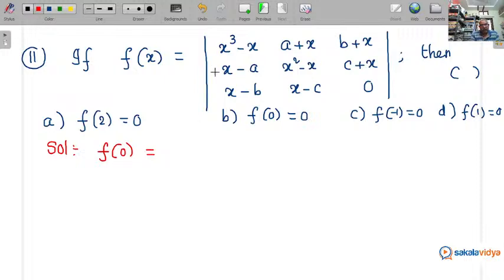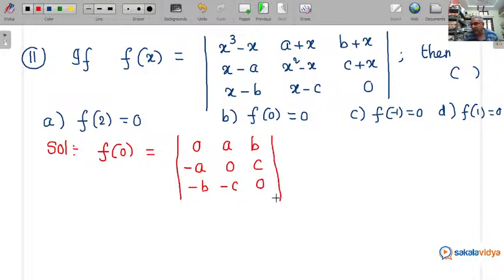So, f of 0, instead of x put 0: 0 cube is 0, minus 0 is 0, this will be a, this will be b, this will be minus a, this will be 0, this will be c, this will be negative b, negative c, 0. So, have you observed anything here? Yes, your observation may be correct.